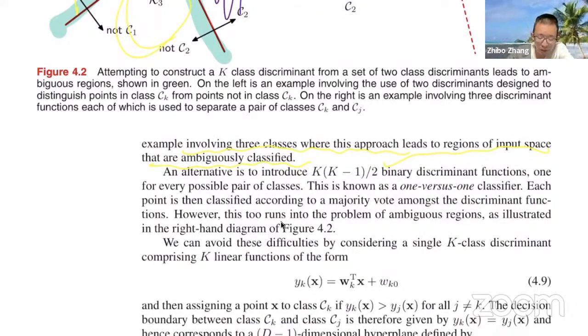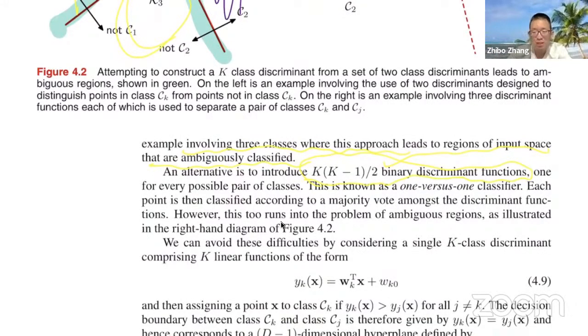An alternative is to introduce K(K-1)/2 binary discriminant functions, one for every possible pair of classes. This is known as a one-versus-one classifier.